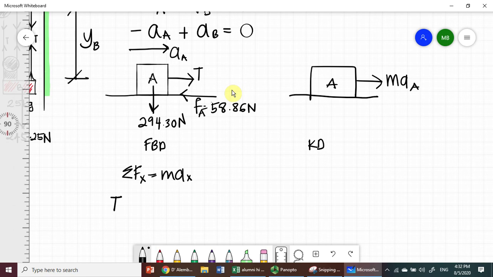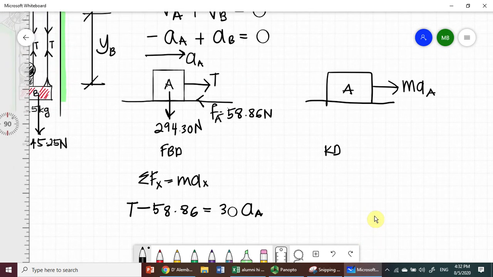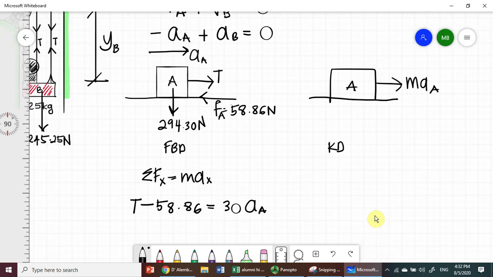Our tension will be positive minus 58.86 equals the mass, which is 30, times A, the acceleration at A. So what we need to do is make it in terms of acceleration, because we're going to put this equation in this relation, which is negative aA plus acceleration B equals 0.